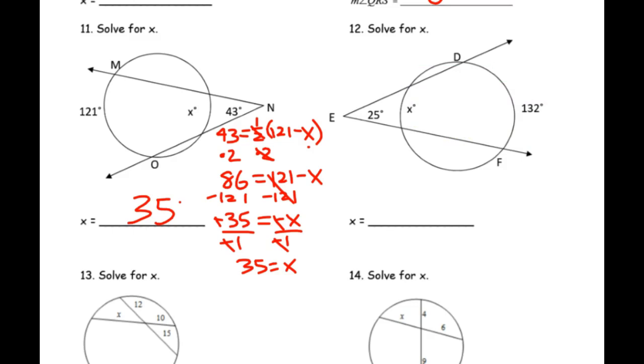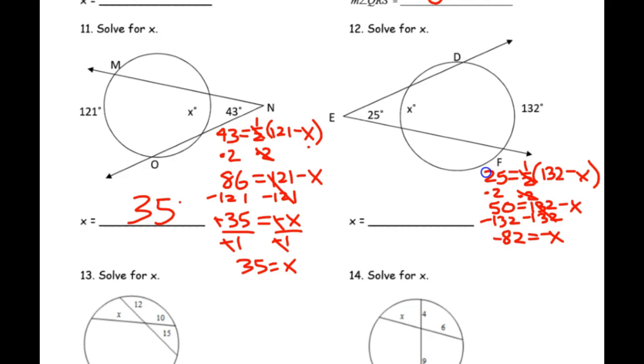Similarly over here, so outside angle is 25, equal sign 1/2, big arc is 132, minus small arc, which is x, times 2. 50 equals 132 minus x, minus 132 gives me 82.